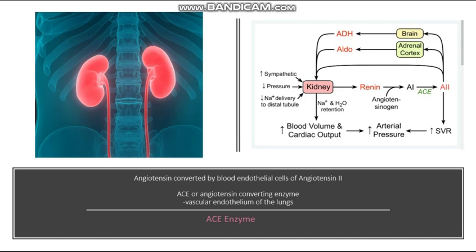So the ACE enzyme cleaves the angiotensin 1 and converts it into angiotensin 2. With patients who have issues with high blood pressure, there are ACE inhibitors that we will see later on in our discussion that stop the ACE from working on angiotensin and converting it to angiotensin 2, which stops blood pressure from being raised.